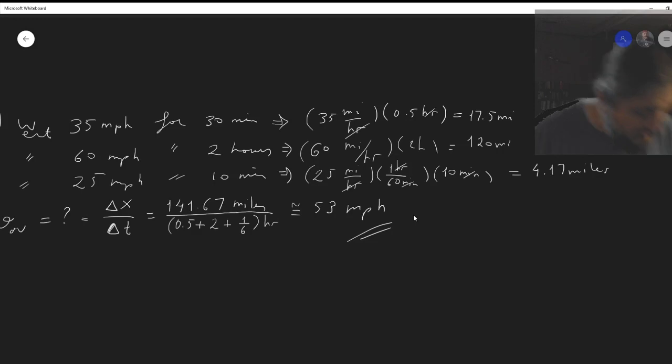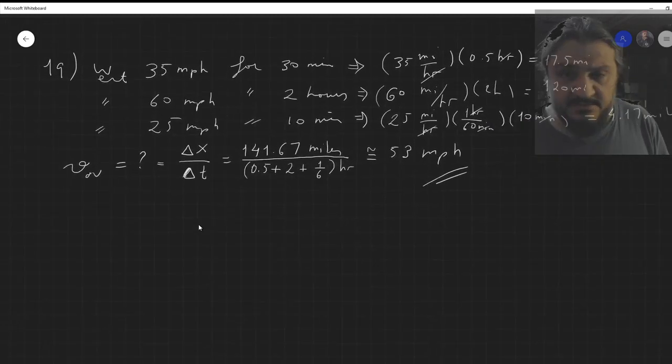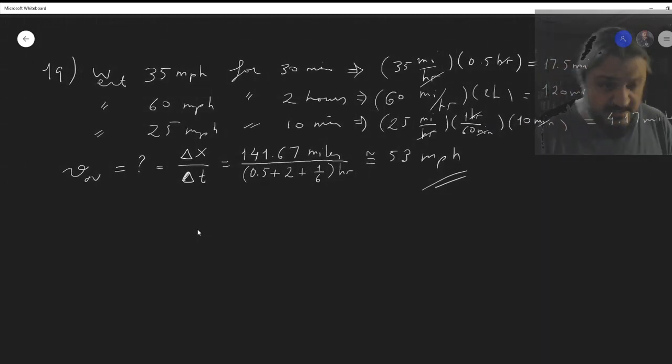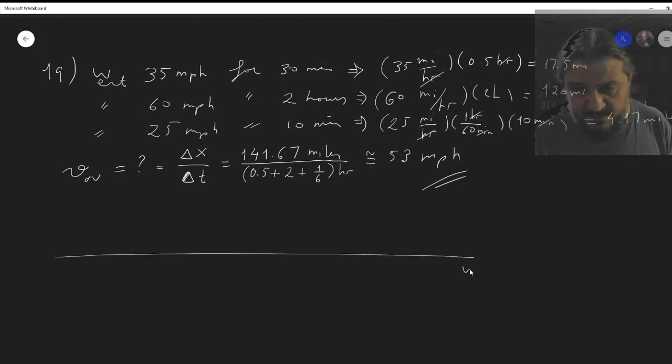Alright, so sketch a motion diagram at 10-minute intervals. Okay, so let's try to draw this motion diagram. This is west, and the car is moving to the right in this picture. I'm going to show the car as a dot, alright? I don't need to draw many cars. How many dots do I need? It says 10-minute intervals.